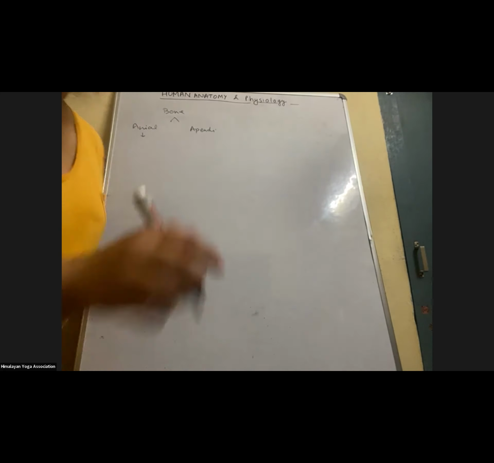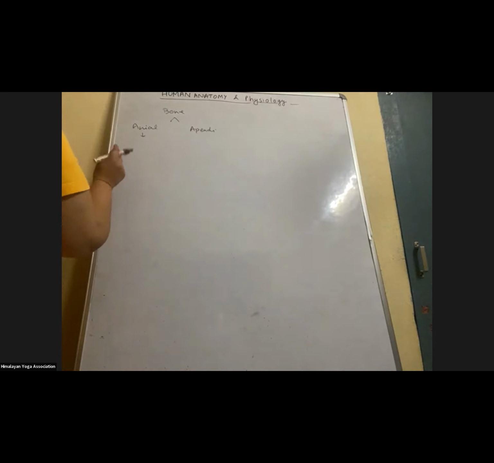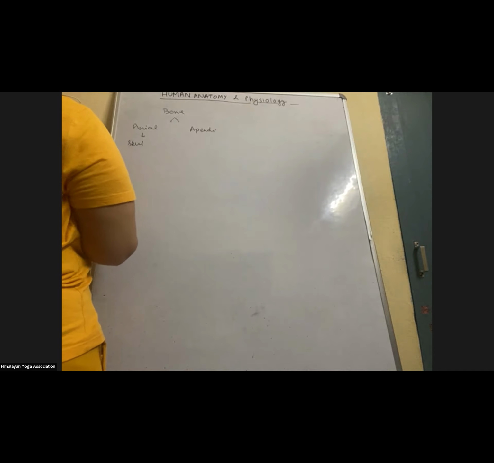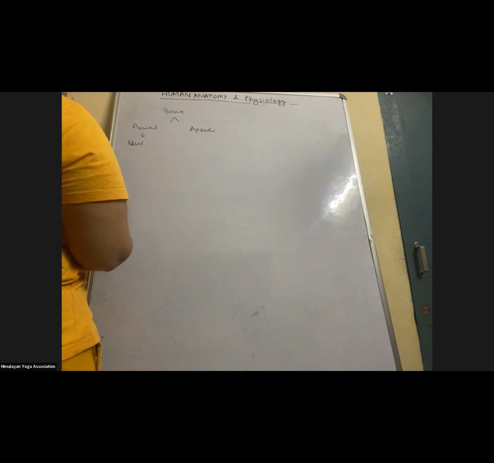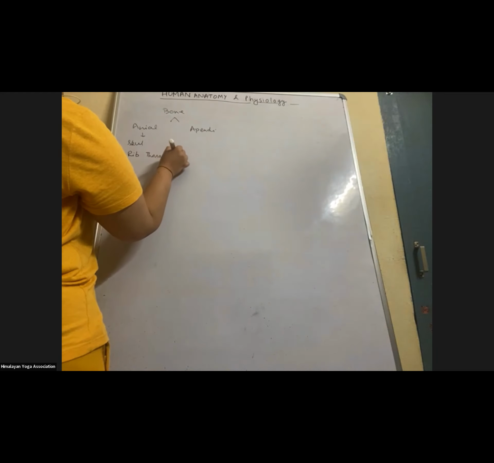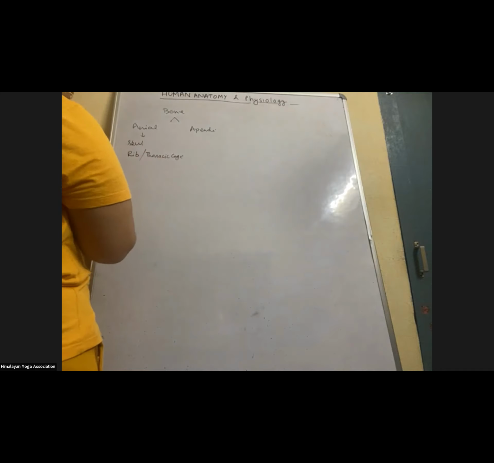Axial. Yes, skull bones. Skull. And rib cage or thoracic cage. Spine, like the vertebra.